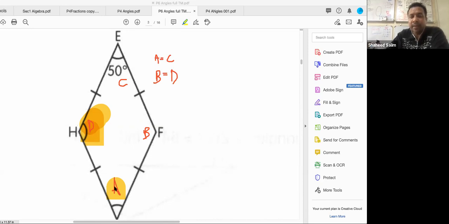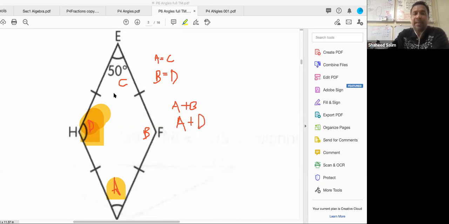Then side by side, your neighbor: A plus B will be equal to 180. And then A plus D also 180. Because next door neighbors in a parallelogram, when you add them together, become 180.